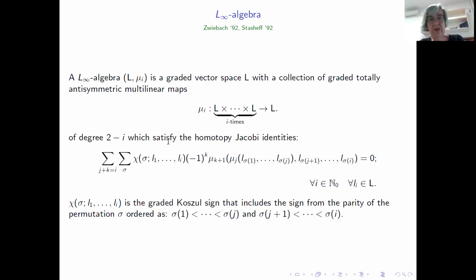Mathematicians, in particular Jim Stasheff, before that were also simultaneously discussing this concept of generalizing Lie algebra. So here I want to give one particular definition, which says that an L-infinity algebra is just a graded vector space L with a collection of graded, totally antisymmetric multilinear maps mu_i in my notation, which take i arguments, so elements of this graded space, and give you again one element of the graded space out.